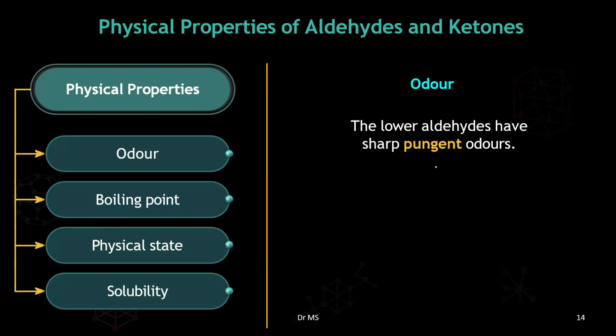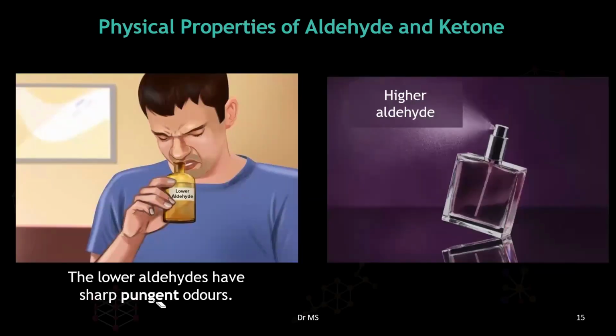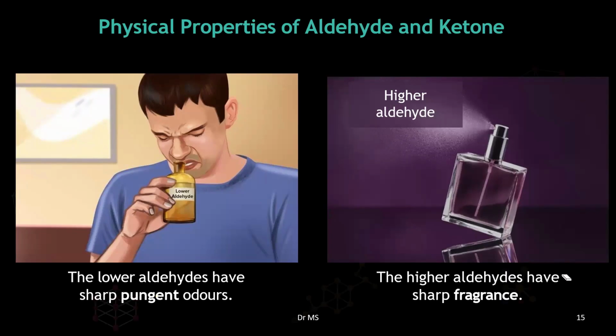But if you increase the size of the aldehydes, it will give a very good smell. If it is a lower aldehyde, the smell is very pungent, very dirty. But if you increase the size of the aldehydes, the smell will be so fragrant. So the lower aldehydes have a sharp, pungent odor, whereas the higher aldehydes are used for fragrance.